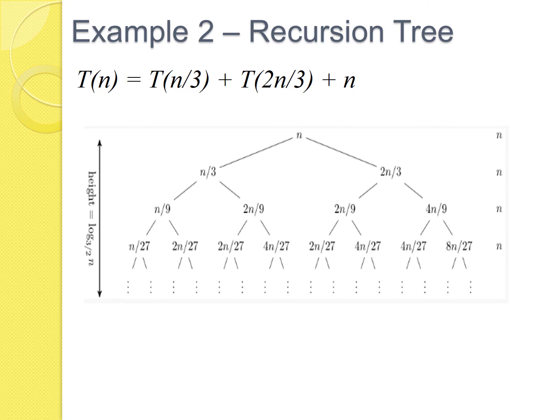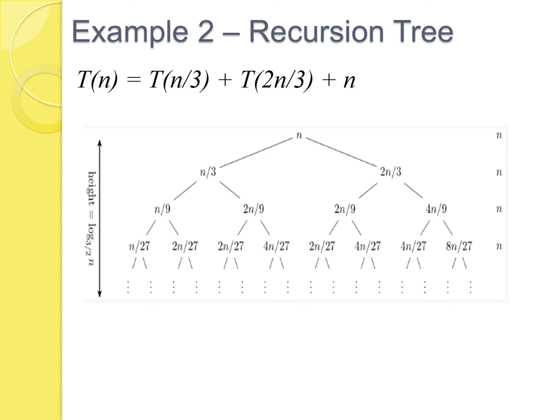N is the root node of the recursion tree representing the size of the problem. It is divided at level 1 into 2 children as n by 3 and 2n by 3, which represents the size of the subproblem.